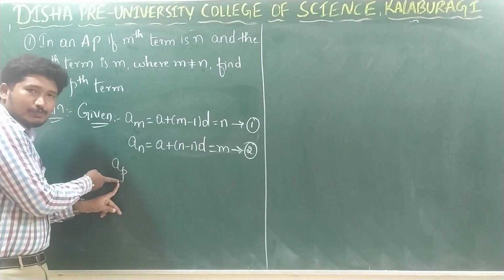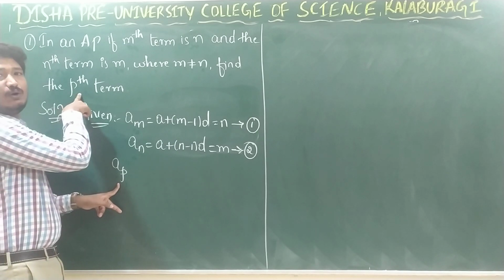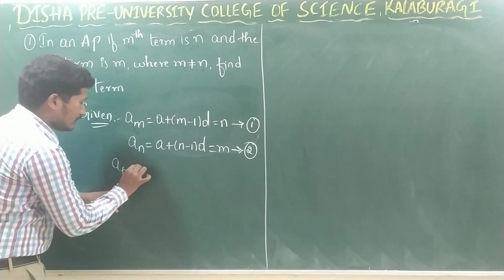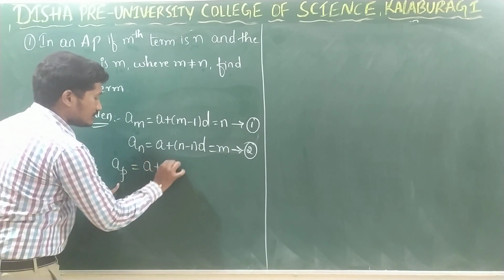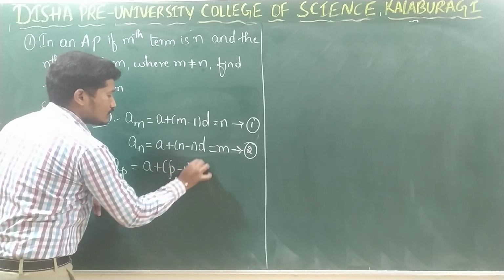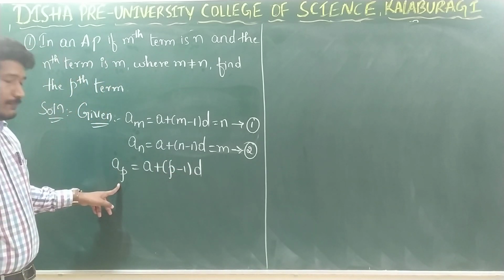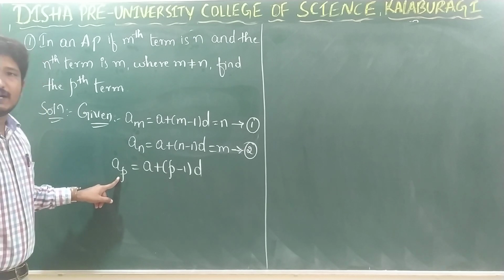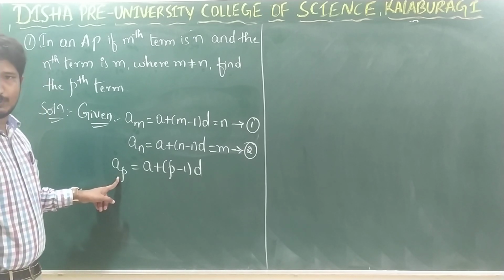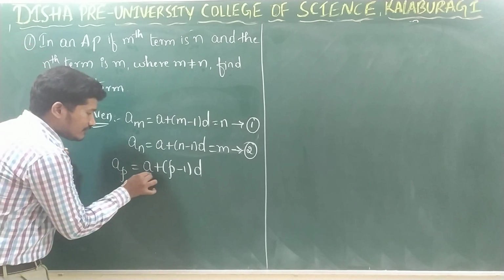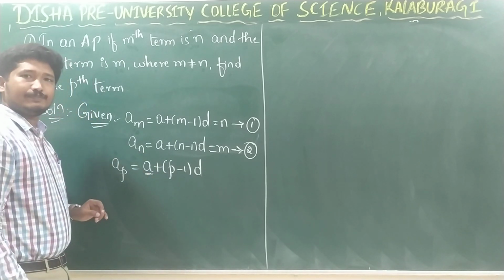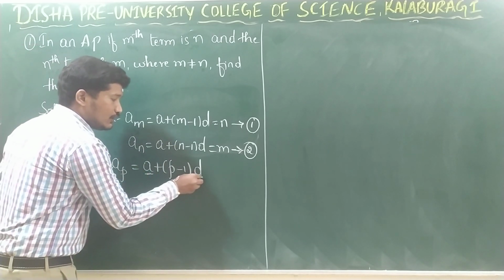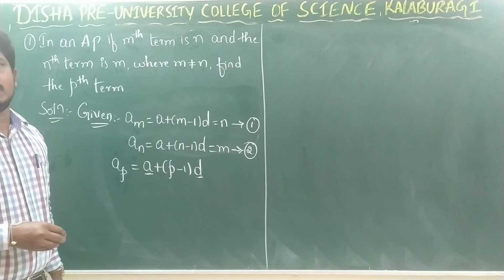We are taking it as p. Why? Because we need to find out the pth term. So this becomes a plus p minus 1 into d. So in order to find the pth term of the arithmetic progression, we need the first term of the arithmetic progression as well as we need the common difference of the arithmetic progression.